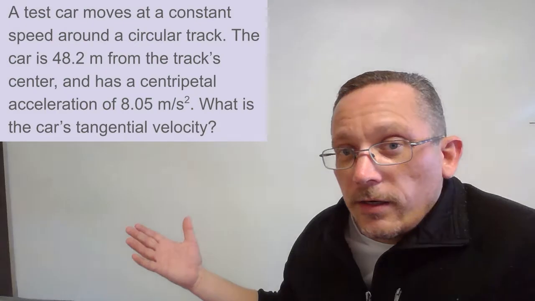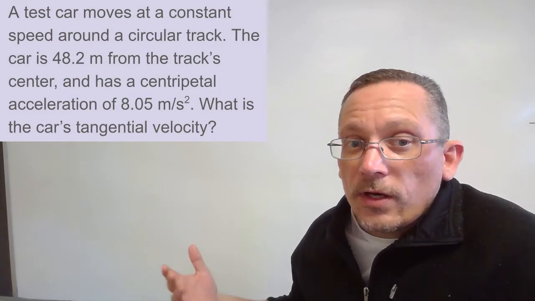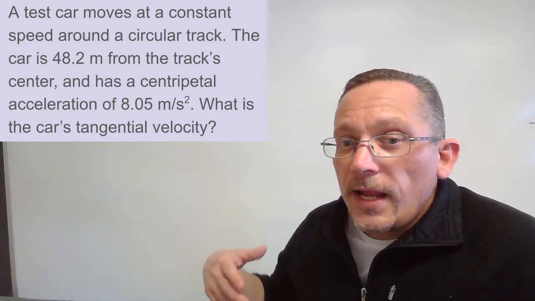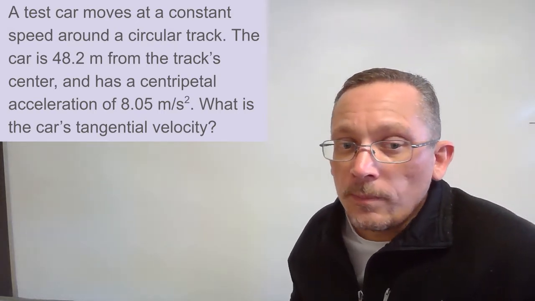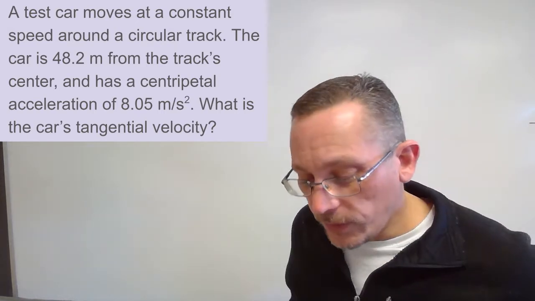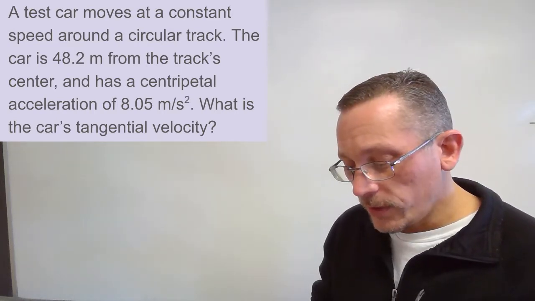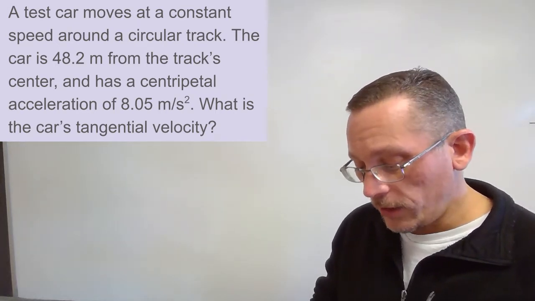It says a test car moves at a constant speed around a circular track. The car is 48.2 meters from the track's center and has a centripetal acceleration of 8.05 meters per second squared. What's the car's tangential velocity? Let's take a look at what they told us. They told us the car was 48.2 meters from the center.